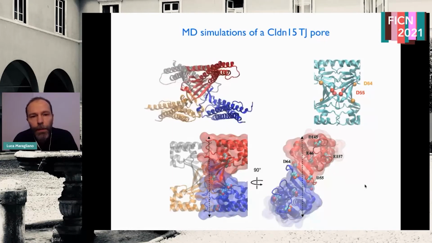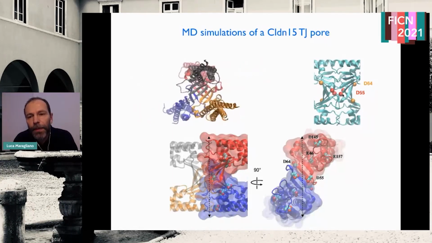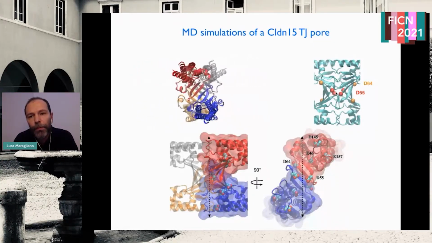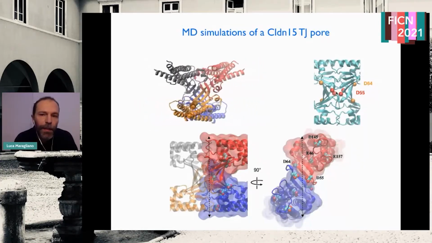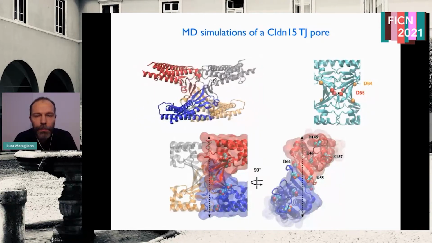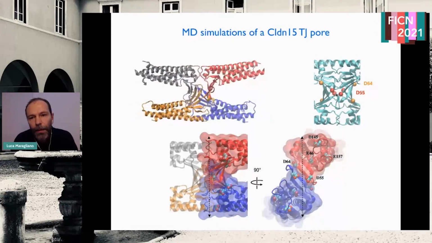A nice feature is that the aspartic acid 55, the negatively charged residue that I mentioned before, when the protomers are brought together, actually stays at the center of the pore. So the pore is a beta barrel structure, and the negatively charged residues are in the middle of it.